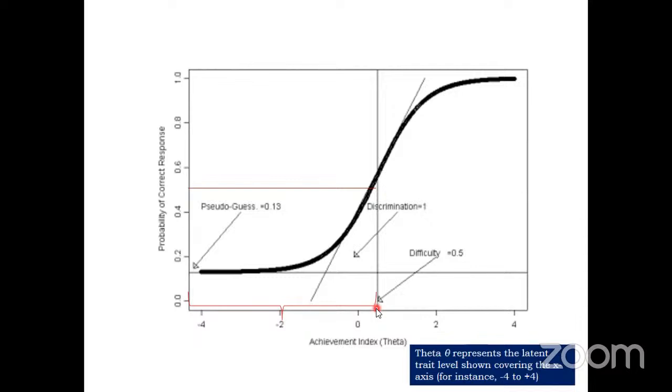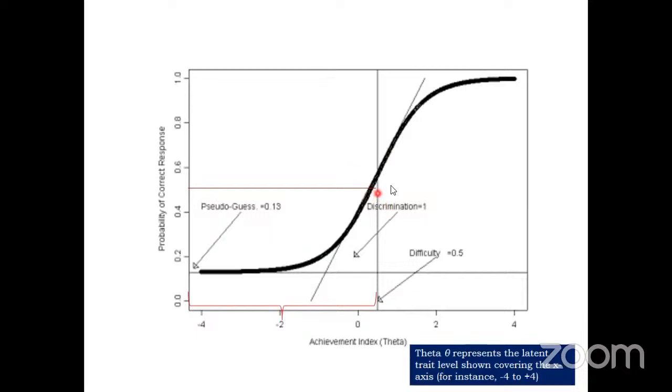That's why we are taking the 0.5 location on the y-axis. If we want a person to answer this item correctly, then this much amount of trait is required. So this indicates the difficulty level of the particular item.